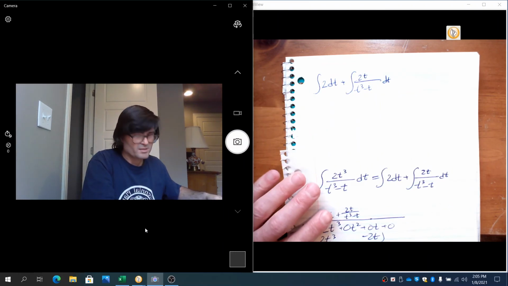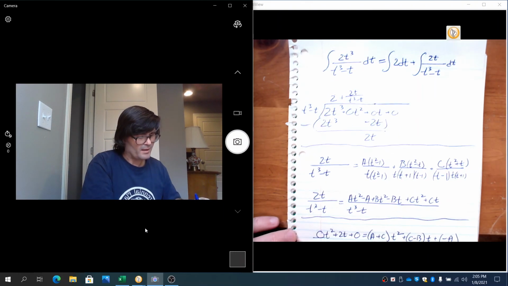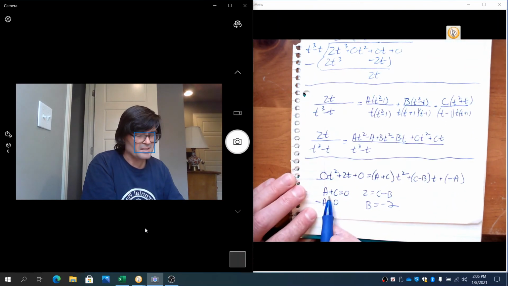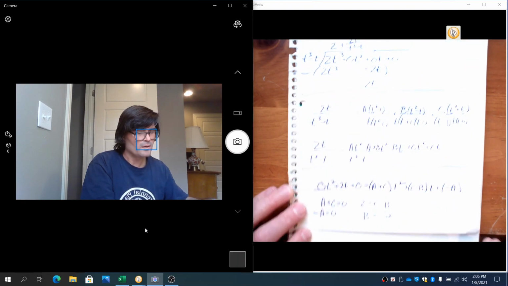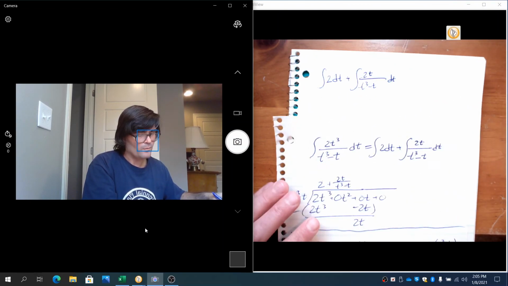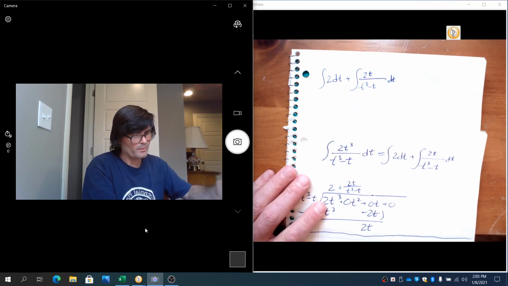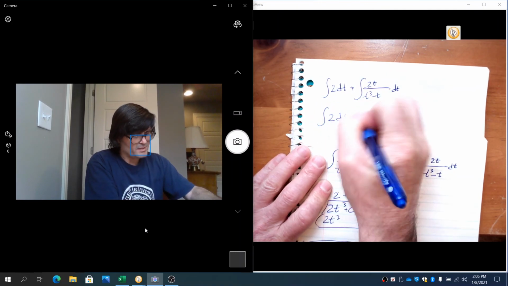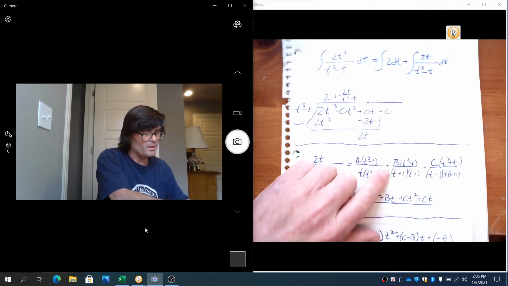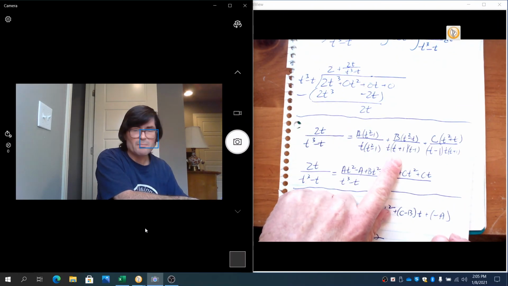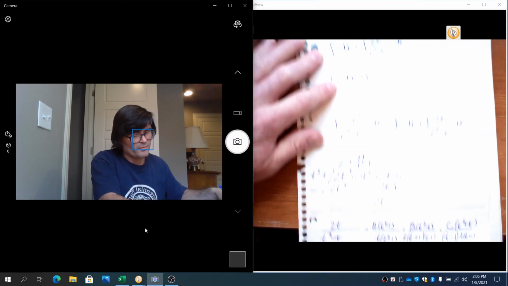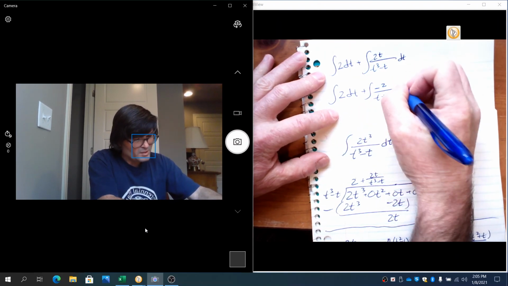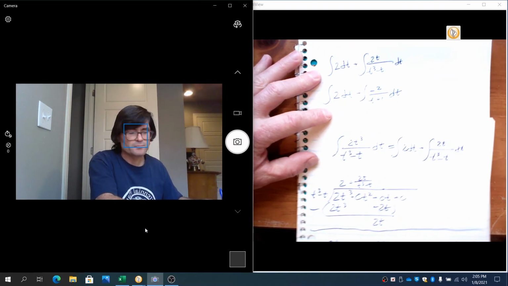And then what I've just determined is that A is 0, thus C is 0, B is minus 2. So really what we would have here is 2 dt plus, by the way, the B was minus 2, and that was over the t plus 1. So we'd have plus minus 2 over t plus 1 dt.